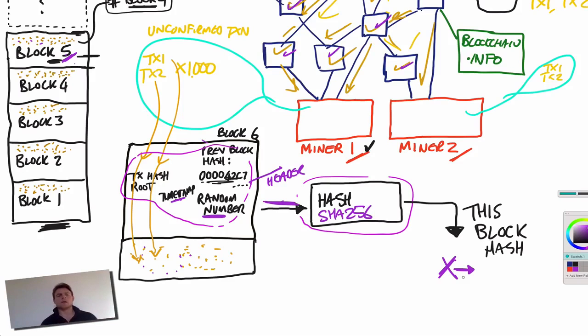So the chances of that hash starting with, let's say, 7 zeros are very small. You'd have to try hashing lots of different inputs before you get one that starts with a leading number of zeros. So let's quickly have a look at an example of a previous block hash.